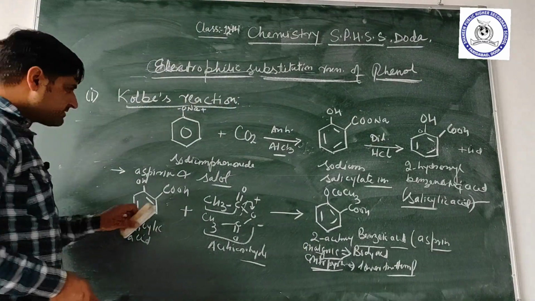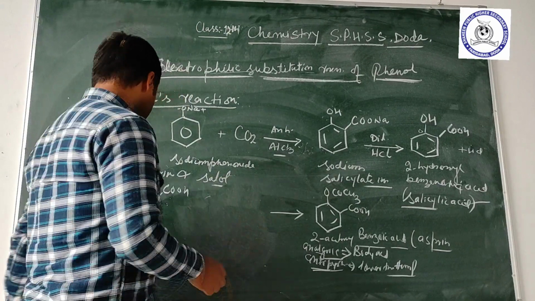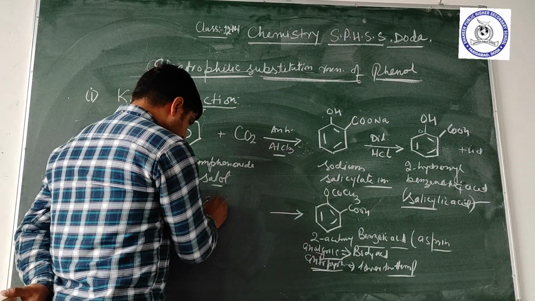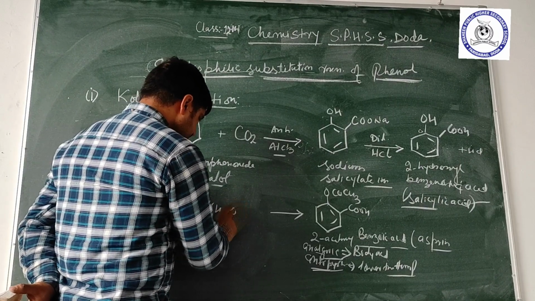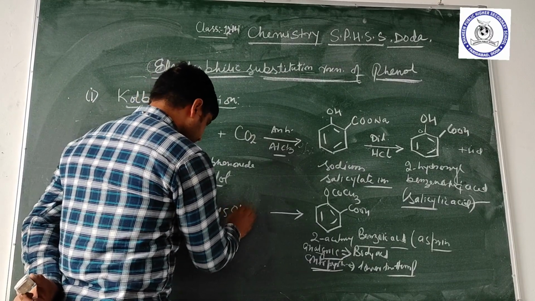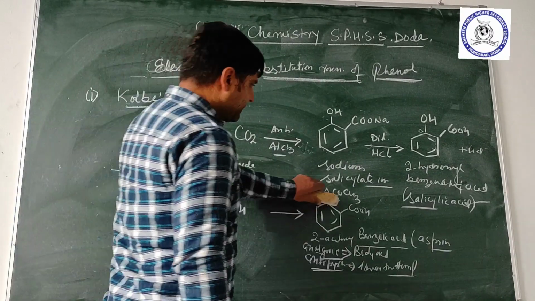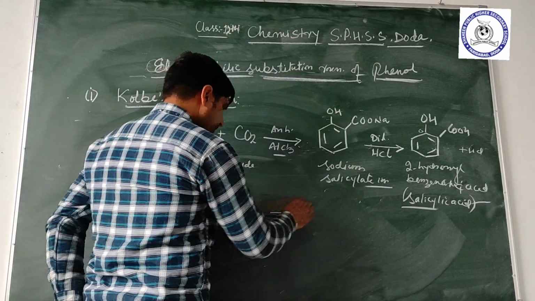When instead of acetic anhydride, when we use phenol, we can get the drug Salol.